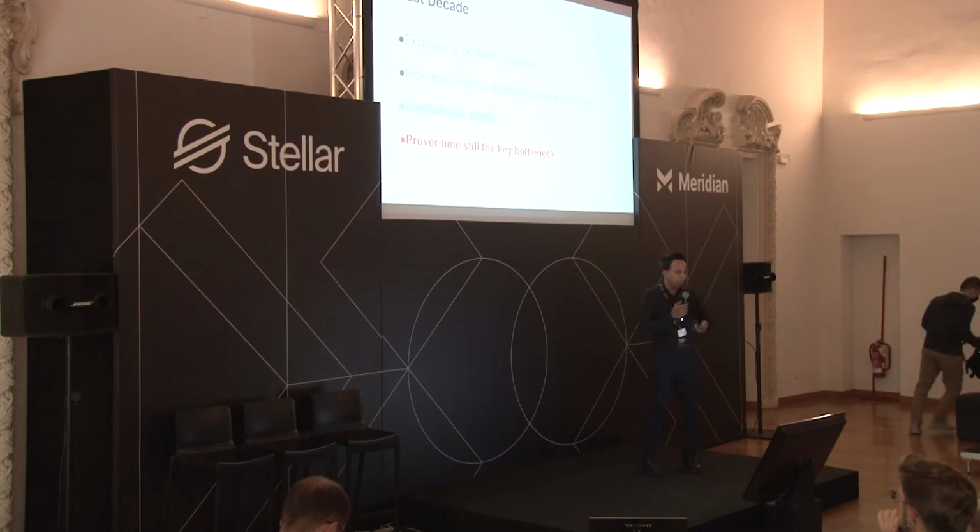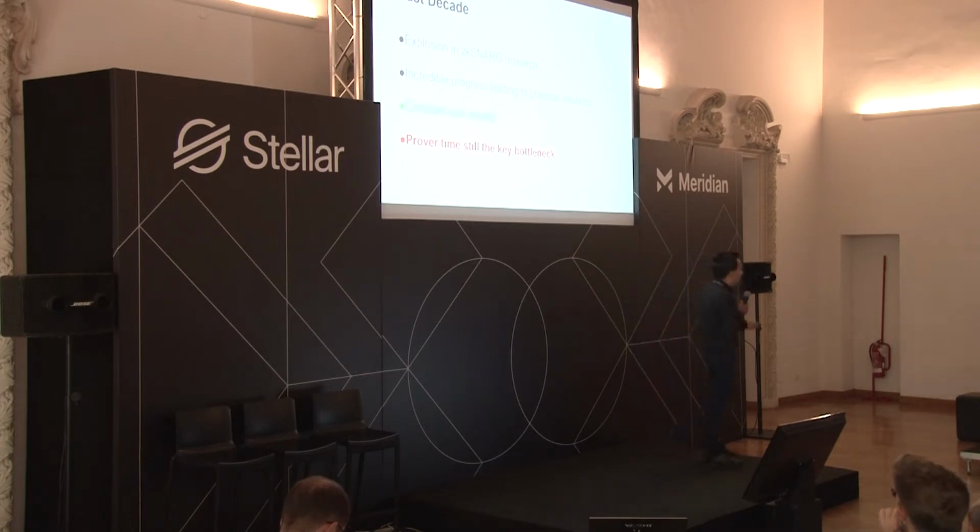While they started as very theoretical tools, now they have evolved to very practical solutions. We can have proofs which are constant size, so it doesn't matter how big the statements you're proving are, the proofs will be small and the verification time will be very fast, and in many cases we have also evolved to improving the prover time significantly.